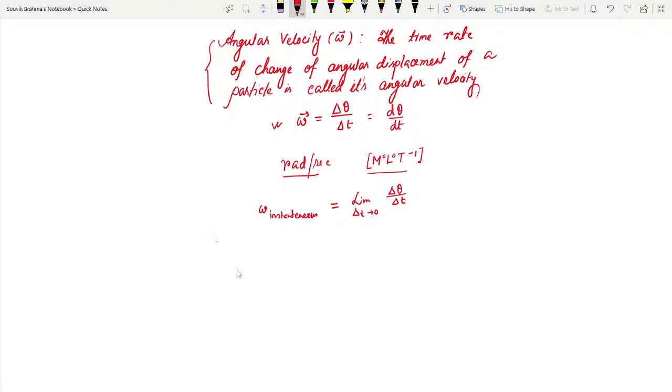Time period. This is another term, time period.